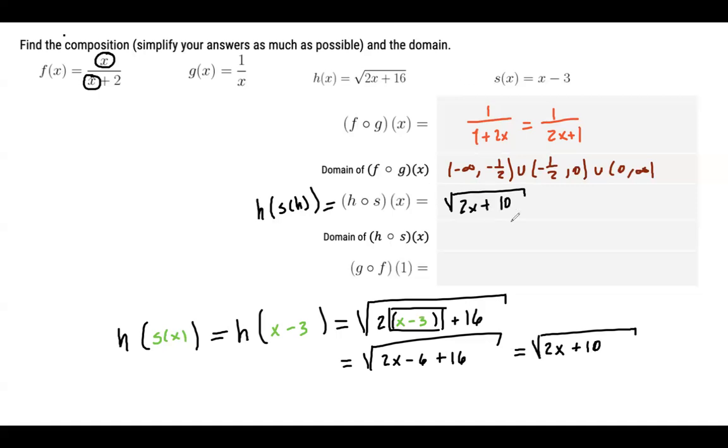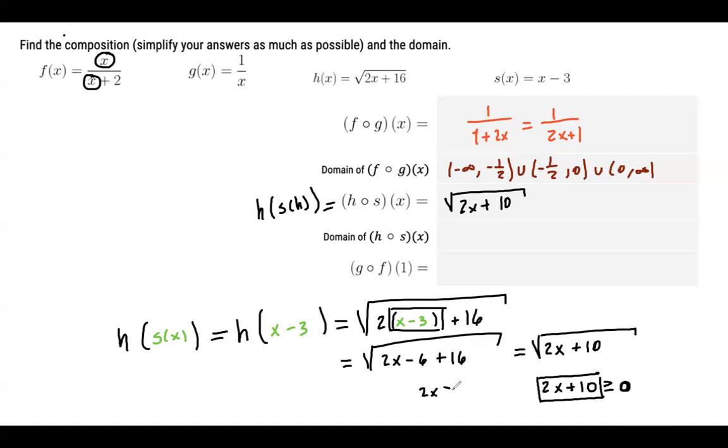But remember, the domain of a square root is not about getting 0. It's about trying to avoid negative numbers inside of the radical expression. So we're going to say that 2x plus 10 has to be always a non-negative value. Well, non-negative values are greater than or equal to 0. As long as this is always greater than or equal to 0, even 0 will be a good option for us.